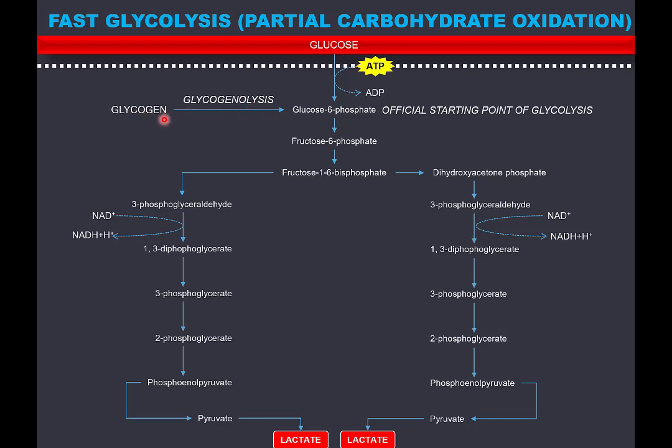So one glycogen can be broken down to provide multiple glucose 6-phosphate. Okay, so for simplicity, we have one single glucose 6-phosphate here, and it can be either derived from glucose through this one reaction, or it can be derived from glycogenolysis, from glycogen. Either way, this is the starting point. So let's start with one glucose 6-phosphate.